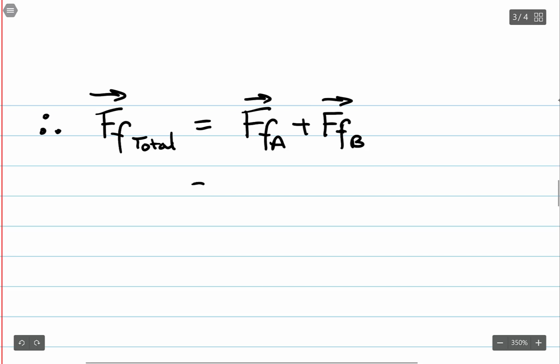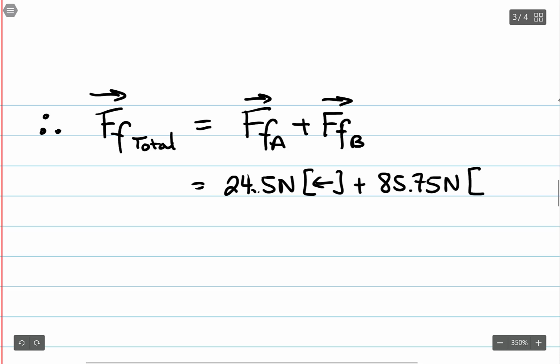And so let's substitute our numbers there. We get that we had 24.5 newtons acting left from box A plus that 85.75 newtons for box B, which gives us a grand total for a total frictional force of 110.25 newtons acting left.